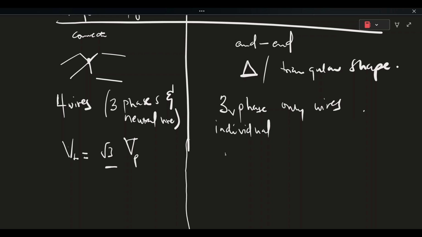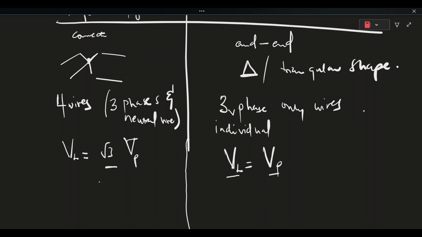Then for our delta configuration, we also said that VL is equal to VP. This is because each load is connected directly to the junction of two phases. Hence, the line voltage, which is the voltage between the two phases, and the phase voltage are the same.